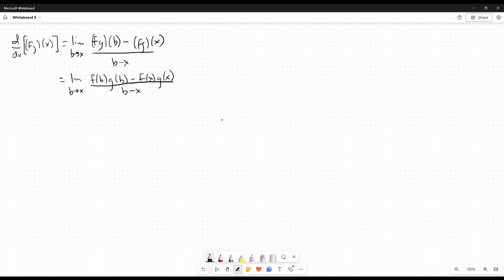And what I want to do, which is a little bit weird, is I'm going to add and subtract f of b, g of x from the numerator.